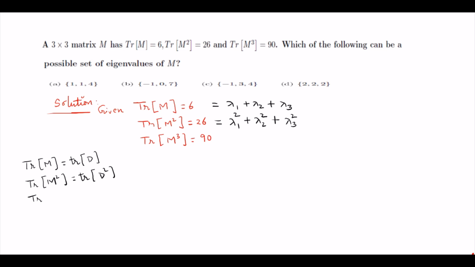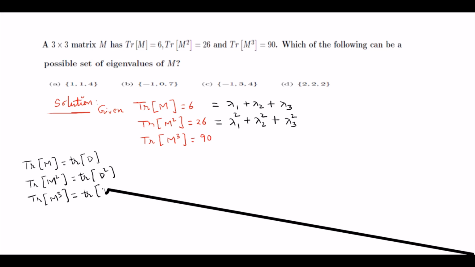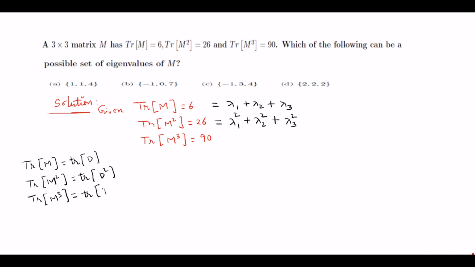Trace of M cube can be written as trace of D cube. So this is equal to lambda 1 cube plus lambda 2 cube plus lambda 3 cube. That's all. So you can substitute the values given here and verify.